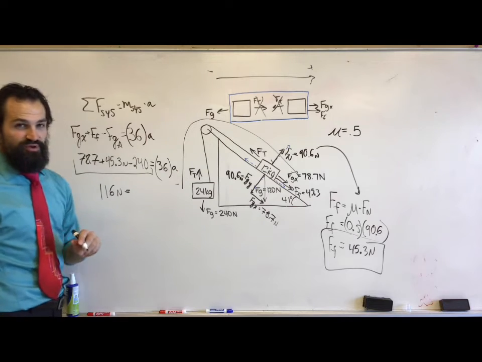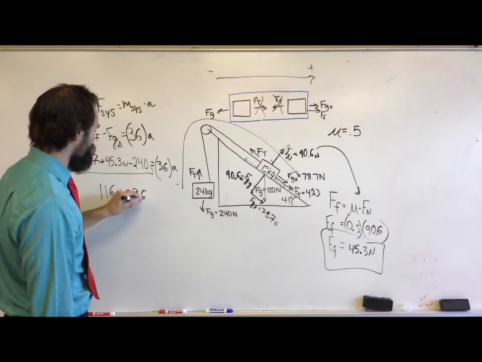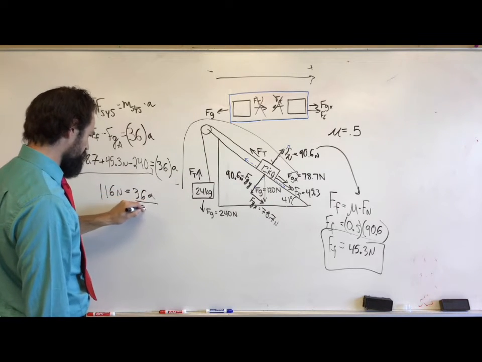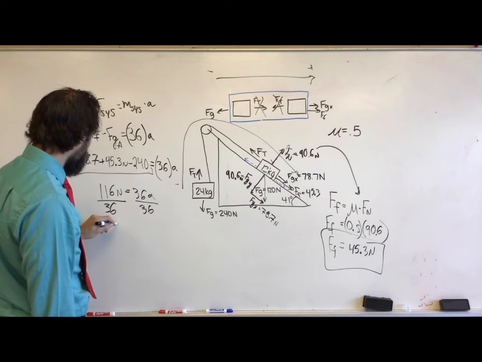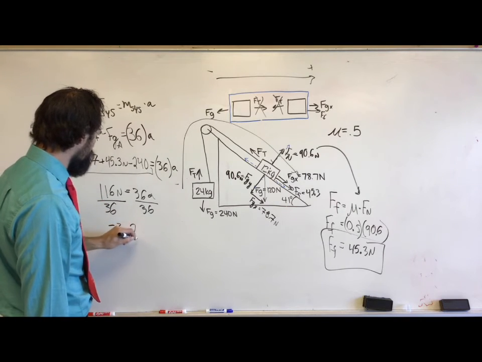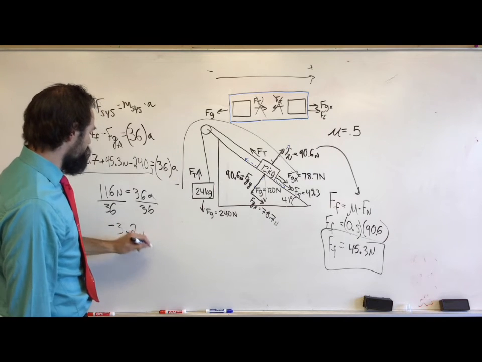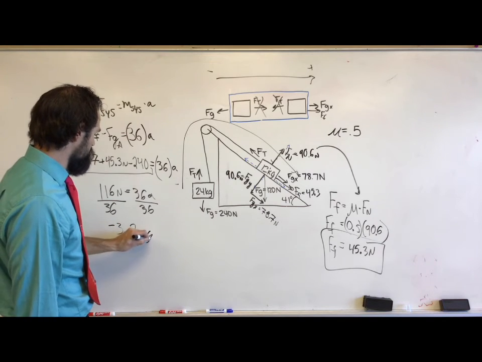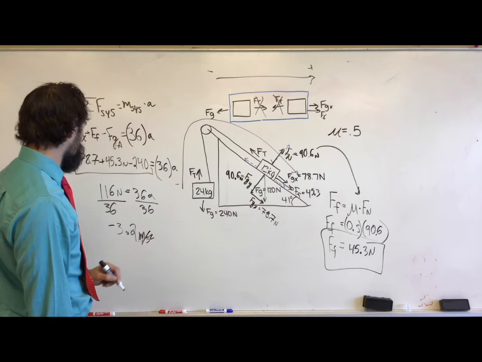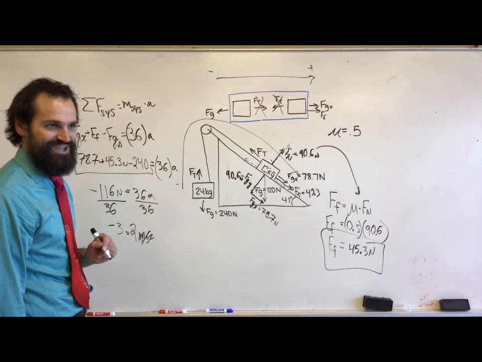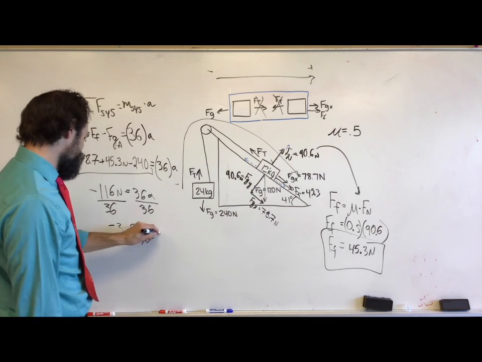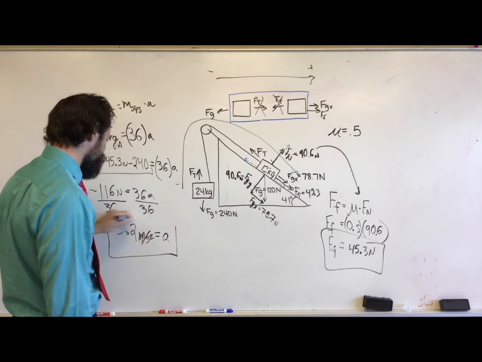Have to be very careful about your positives and negatives, and that's equal to 36 times the acceleration. Divide both sides by 36, and we're going to get negative 3.2 meters per second squared. And that's your acceleration. Good.